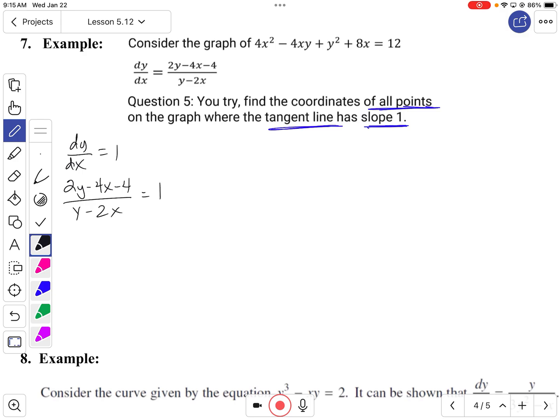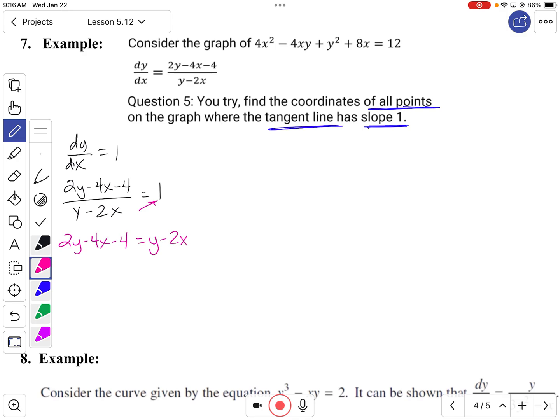Okay? And the other examples we did, we had to solve for y because there were too many variables, right? How can I solve for y in this one? Yep, they equal each other, so we're going to cross multiply. Okay? We're going to do a proportion. All right. So 2y minus 4x minus 4 is going to equal y minus 2x.